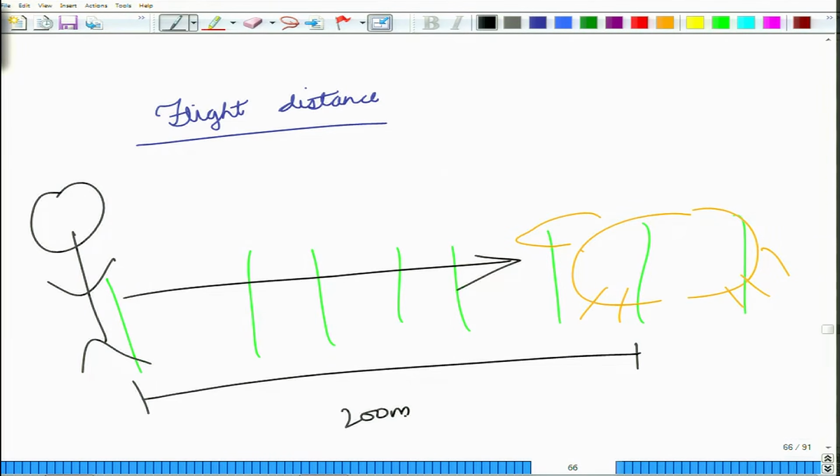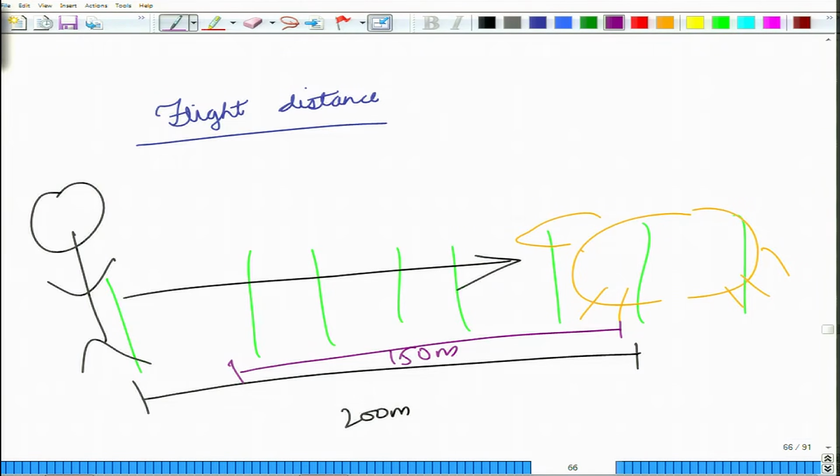Now, at 200 meters, this cheetal feels that it is extremely safe. So, you will not be able to just jump and grab this cheetal because you are very far apart. Now, you move closer.